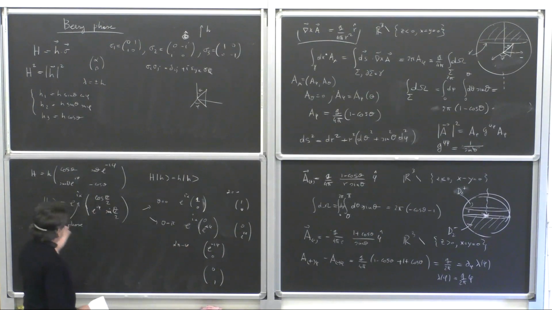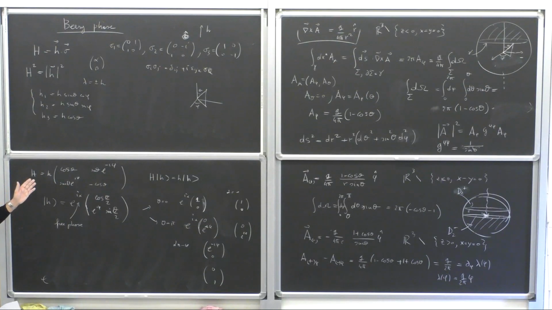Okay? So you see this eigenvalue problem cannot be globally defined in a non-singular way in the entire parameter space of this Hamiltonian, which is theta and phi, the sphere made by theta and phi. Okay?